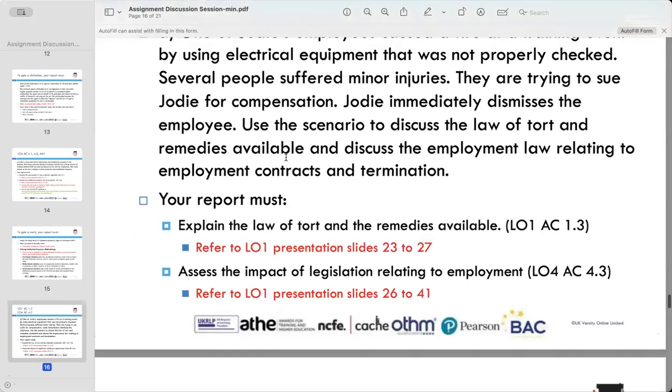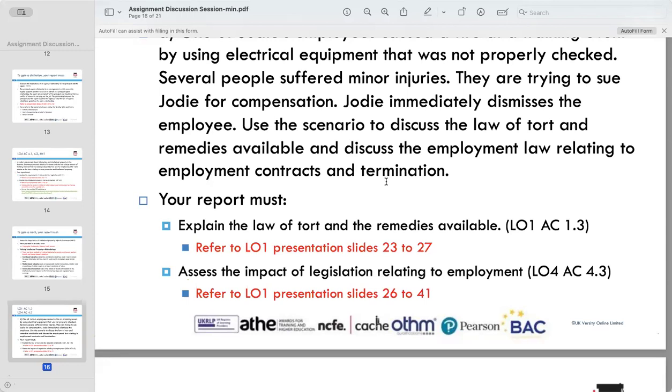Talking about employment law of tort, explain the law of tort and the remedies available. So basically here, fire incident at training event. So explain law of tort and employment, explain the law of tort, focusing on how it applies to situations where harm is caused to others.